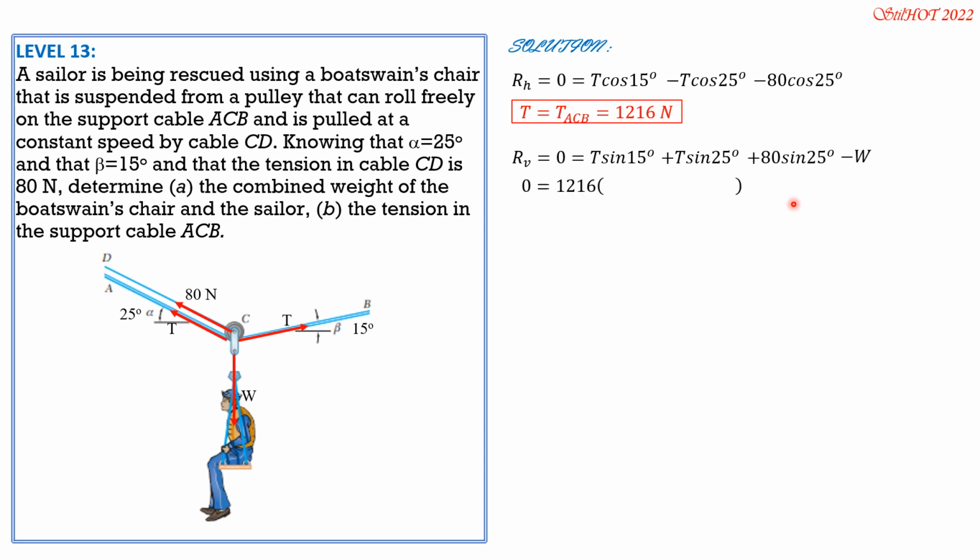So 1216 quantity sine 15 degrees plus sine 25, then plus 80 sine 25 degrees minus W. So W transposed to the left is 1216 quantity sine 15 plus sine 25 plus 80 sine 25. Using your calculator, W is equal to 862.4 newtons.